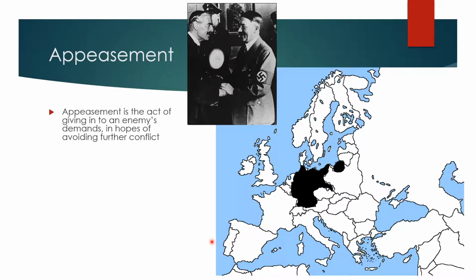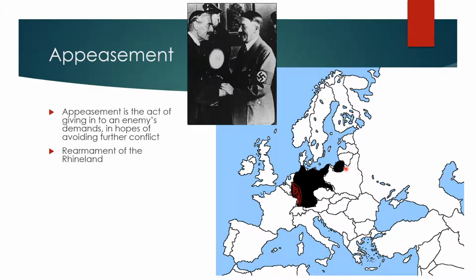Appeasement comes into play with Britain and France and Germany. After World War I, the area that is currently black is what is Germany. So Germany has their main land, and then this area over here is also part of Germany. It's called East Prussia. Britain and France engaged in this policy of appeasement, so they were giving in to Hitler's demands, hoping that it would prevent a future war.